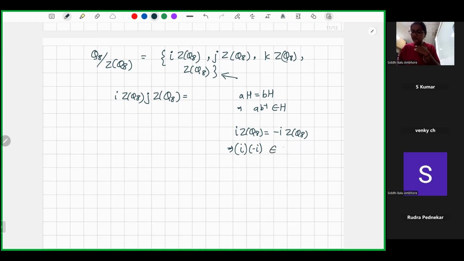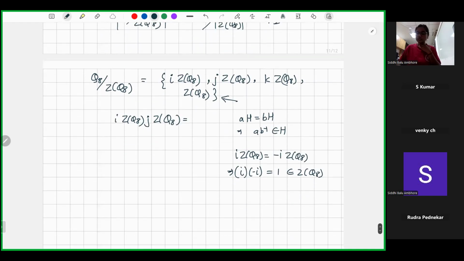So this in fact belongs to ZQ8, which is 1 belongs to ZQ8. Similarly, this happens with J and K. So instead of writing I ZQ8 and minus I ZQ8, in the quotient group they coincide, and I only get this one equivalence class here.